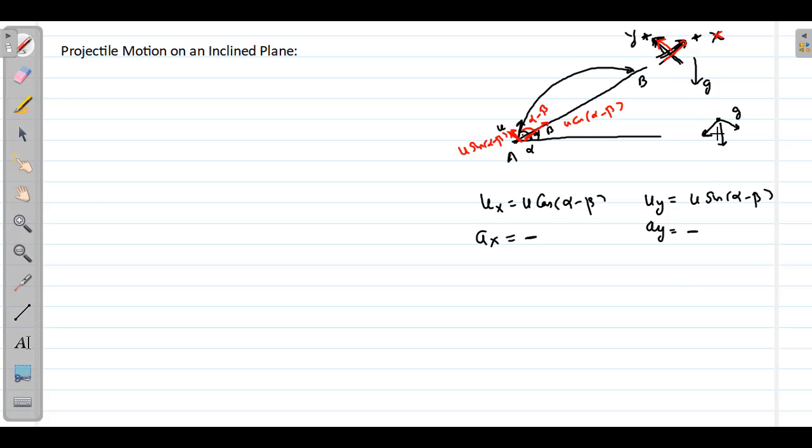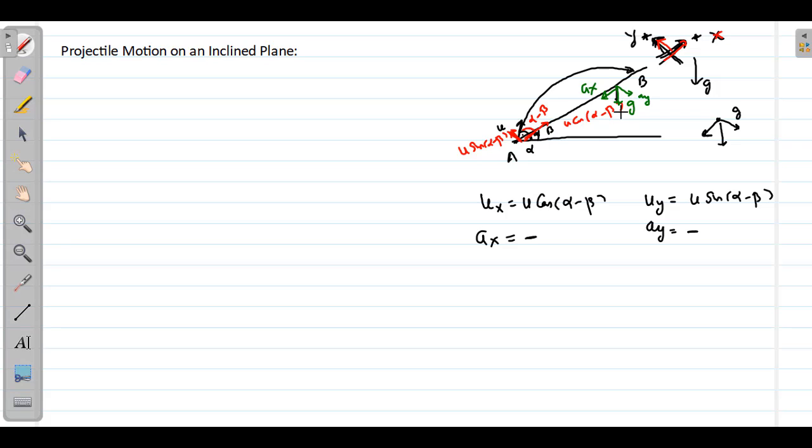Now we have to find the angle. If this is g, then this is ay and this is ax. This angle is beta.